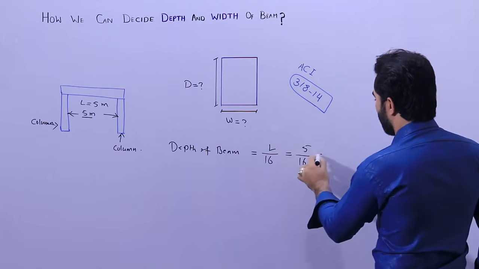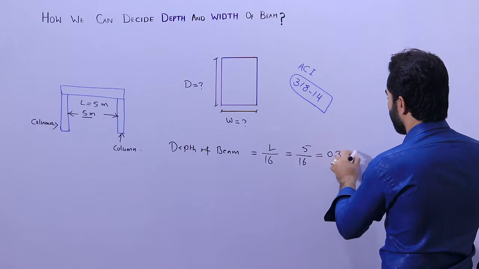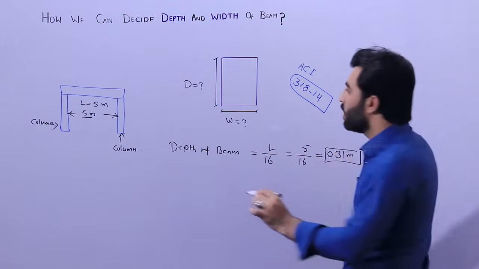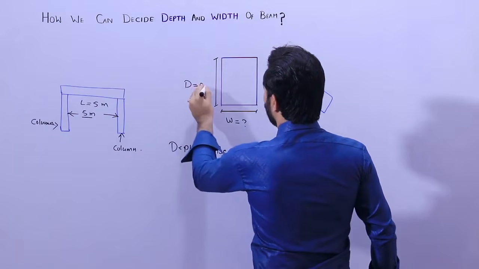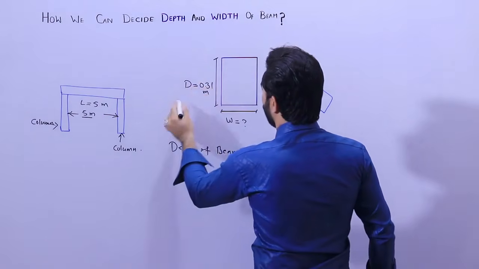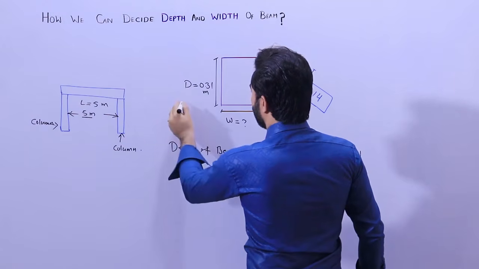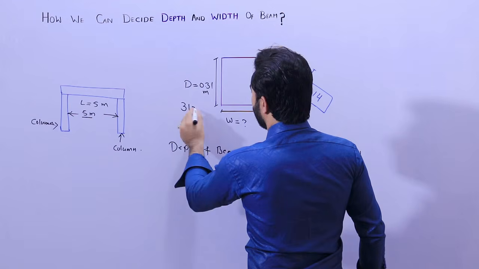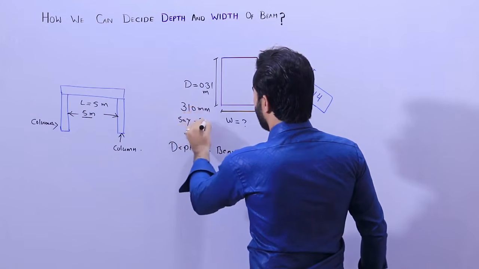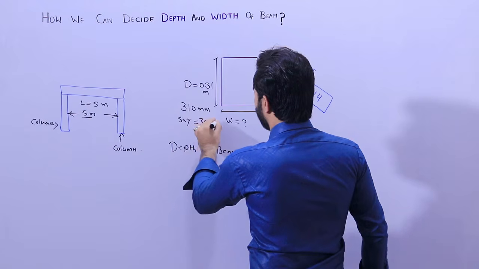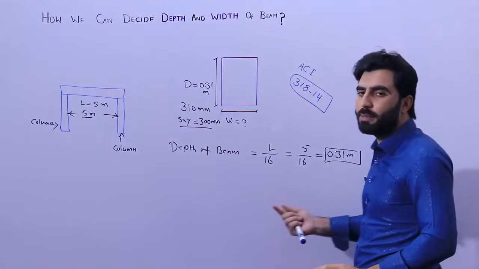When you do the calculation, you will get the value 0.31 meters. So this is the depth of the beam. Here the depth required is 0.31 meter, or you can say 310 millimeter, but normally 300 millimeter. This is the depth of the beam. By this formula you can find the depth of the beam.